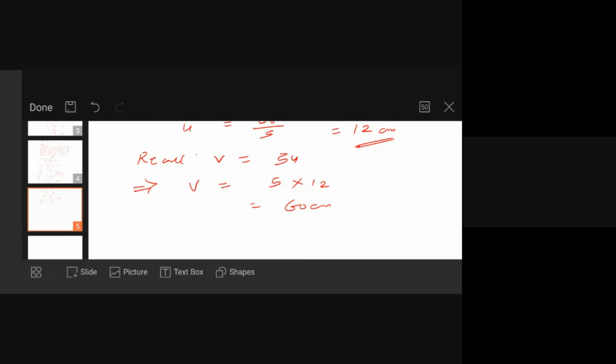If you make a comparison between the real and apparent depth, that ratio is also called the refractive index. So you can calculate the refractive index of water if you know the real depth and the apparent depth.